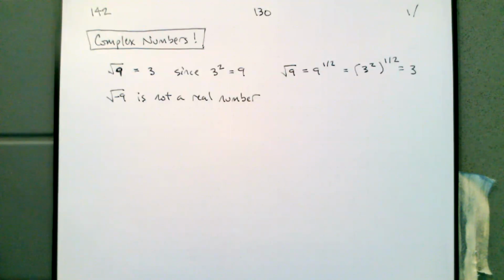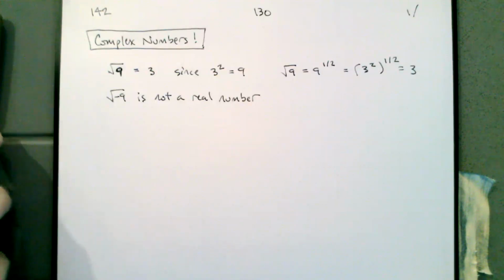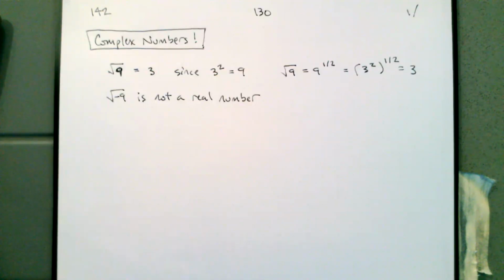But yet there it is. The square root of -9 is not a real number. This raises the question, well, what's a not real number? What do you mean by that? Usually the response from teachers is, quiet you, you'll learn about it later. So this raises the question, what's not a real number?